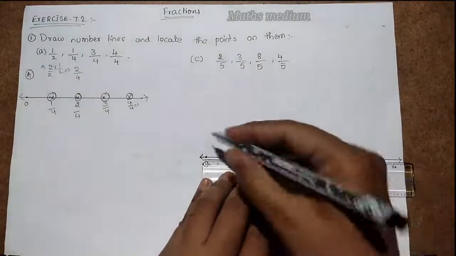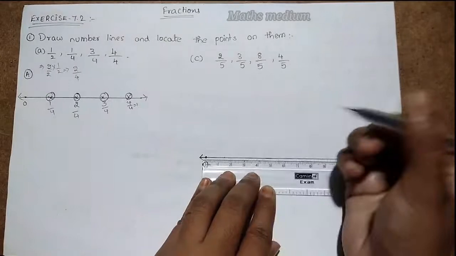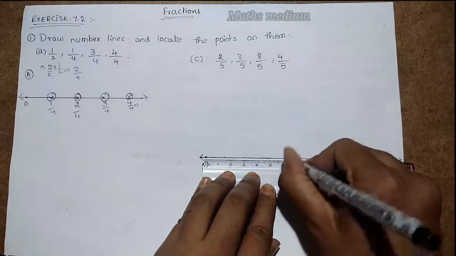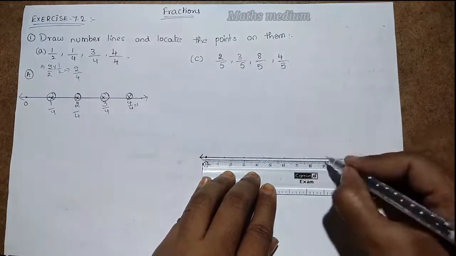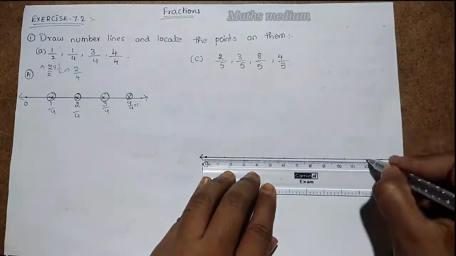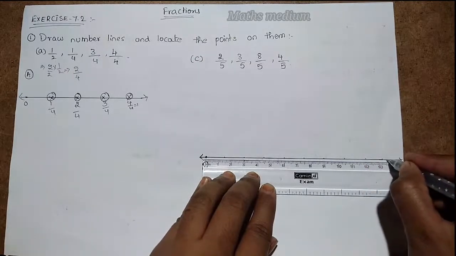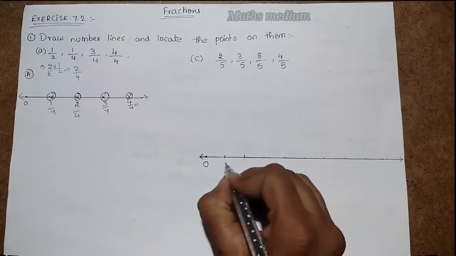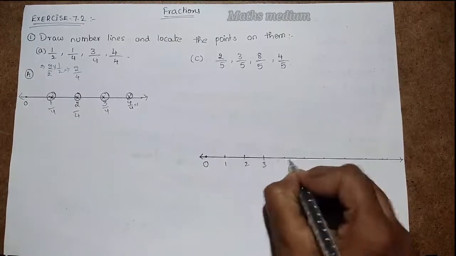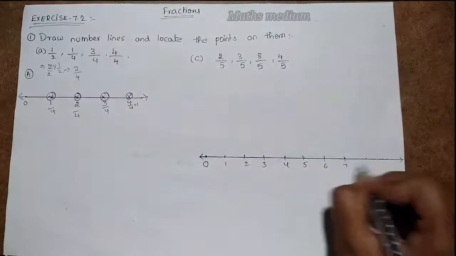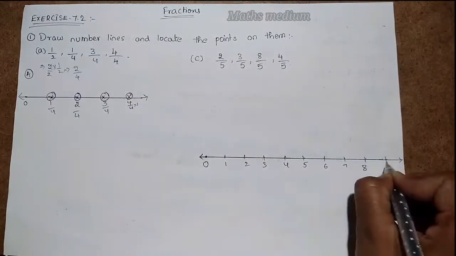So I am taking each 1.5 as 1, 2, this is 3, 4, 5 and 6, 7, 8 and 9. So here this is 1, 2, 3, 4, 5, 6, 7, 8 and 9.